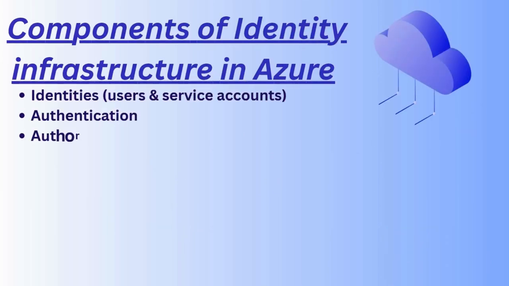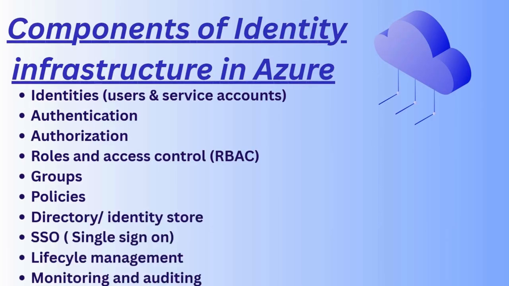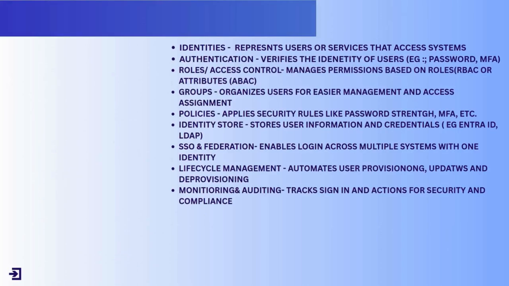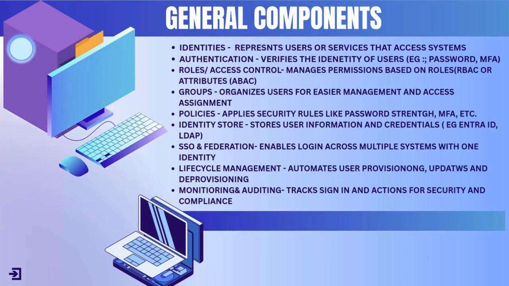So Azure identity infrastructure components are like identities, which are user or service accounts. Authentication verifies identities, like password and OTP. Authorization is what the user is allowed to do. Roles and access control is like RBAC, assigning permissions based on roles.